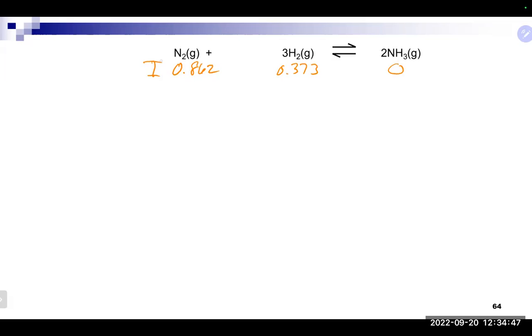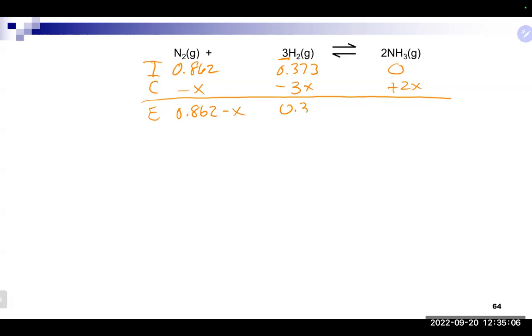We will do our change, which will be minus x, minus 3x, because of the coefficient, and on this side plus 2x, bringing us down to 0.862 minus x, 0.373 minus 3x, and 2x in this case.